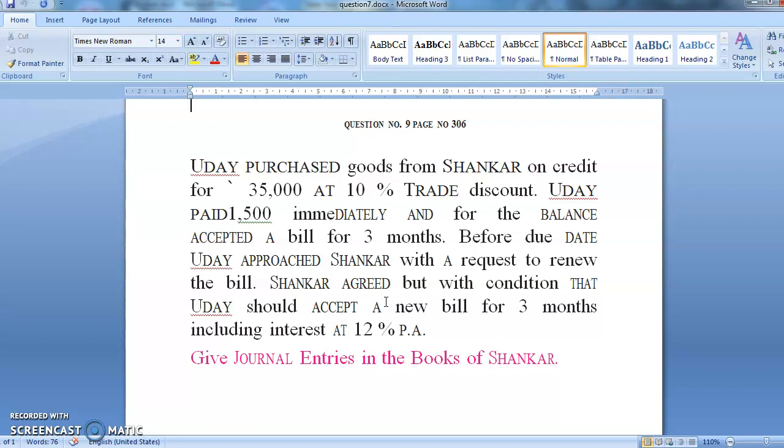What will be the 3 entries? First, cancellation of the bill, second, interest, and third, the new bill.